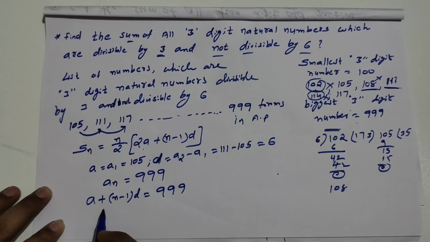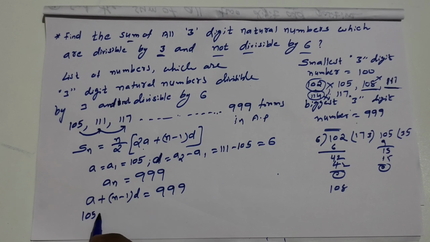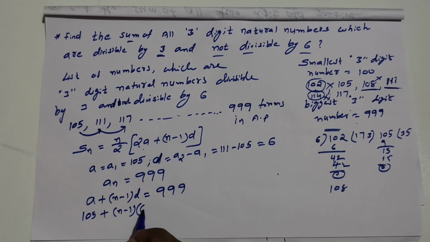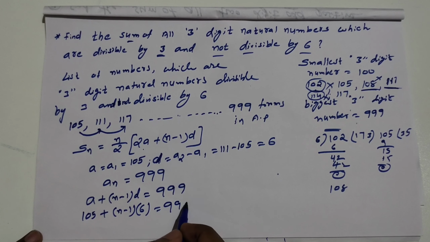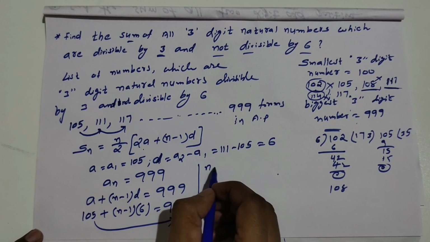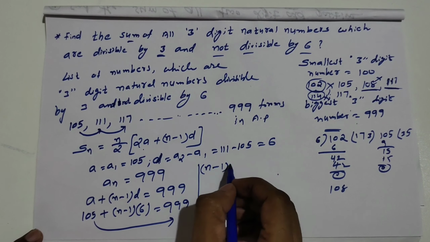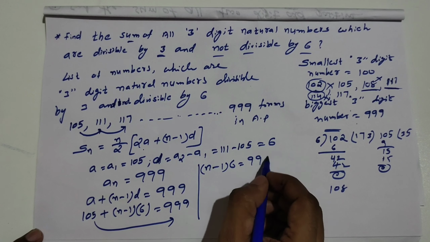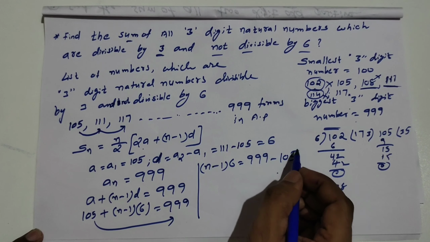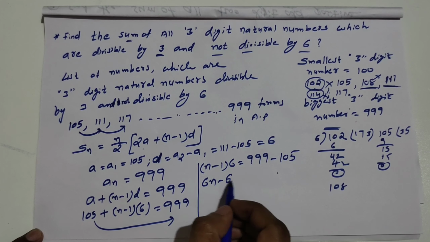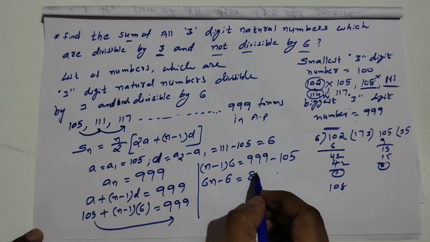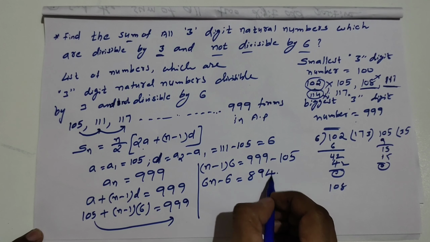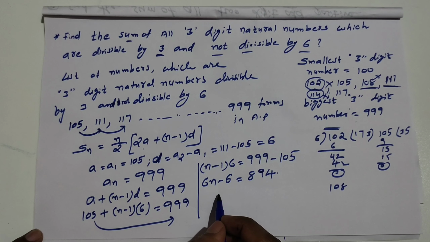Then substitute the a value, that is 105, plus n minus 1 and d value 6 is equal to 999. Now take this 105 to that side. So n minus 1 into 6 is equal to 999 minus 105. Multiplying, 6n minus 6 equals 894.